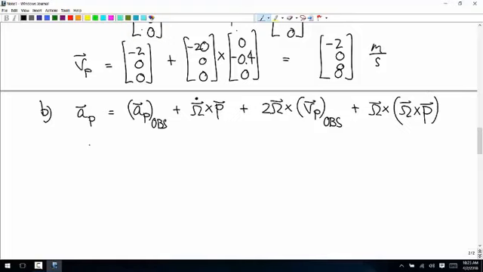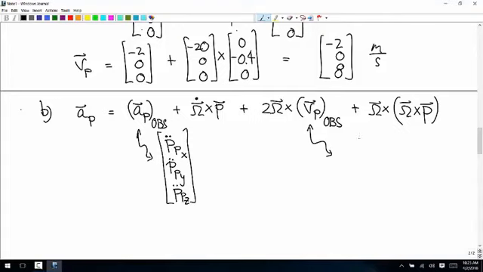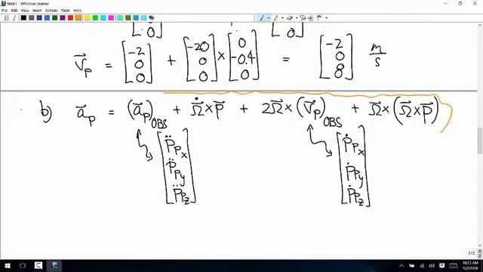And then you can also do this as the second derivative of the position vector components. And this is the first derivative with respect to time of the position vector components. But this is the one that's useful to us in this case.